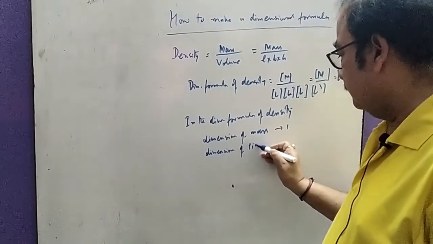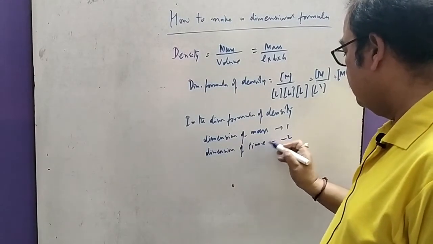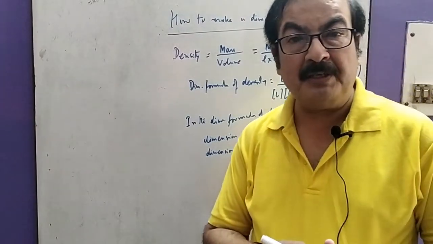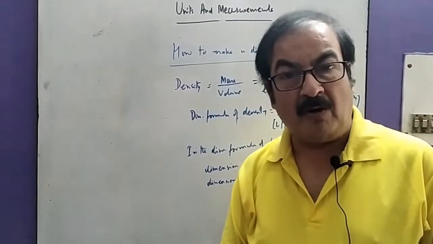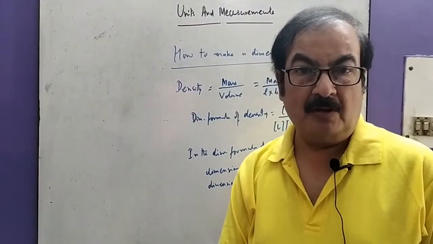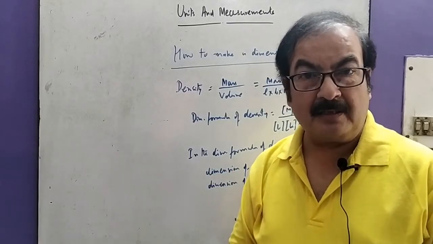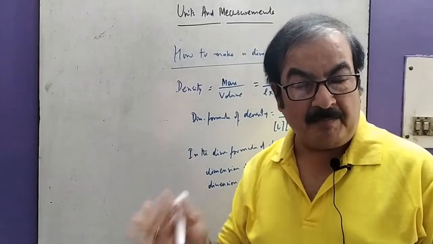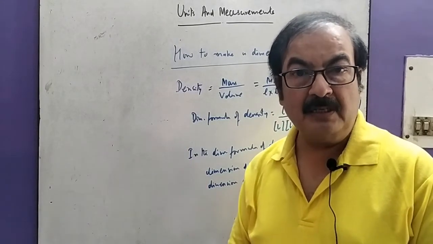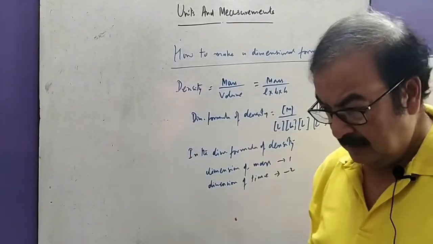The dimension of time equals minus 2. That means the term dimension means the power of a dimensional symbol, the exponents of the dimensional symbols, and the combination of such dimensional symbols with their dimensions is what we make as a dimensional formula, which we generate like this.